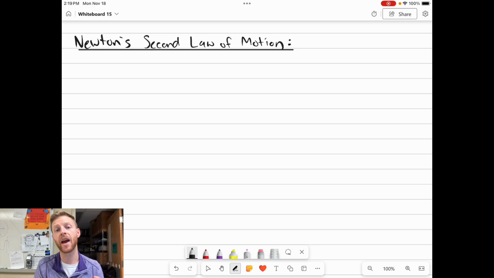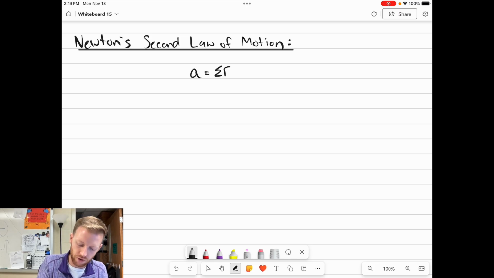It's a math. It tells me how mass and acceleration are related to each other, and how you'll see it written in a lot of science classes. They'll say that the acceleration of an object is proportional to the net force and inversely proportional to the mass. Or how we are going to write it is net force, sigma F, is equal to ma, mass times acceleration.